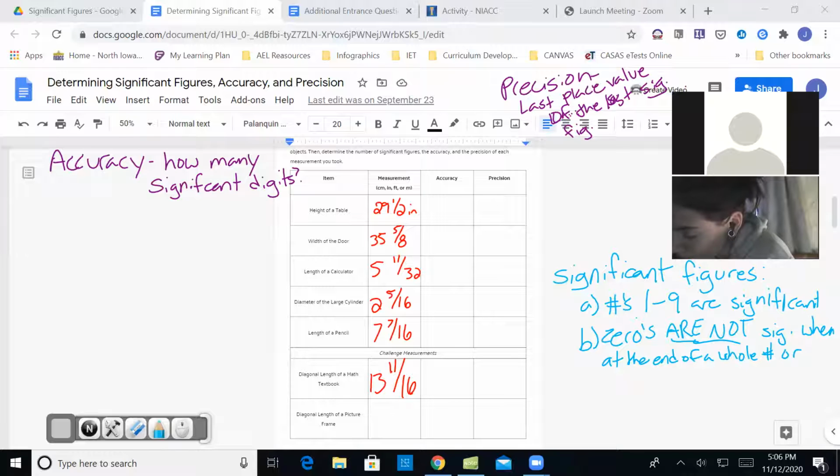We're also not going to count them when they're to the left of a decimal number.